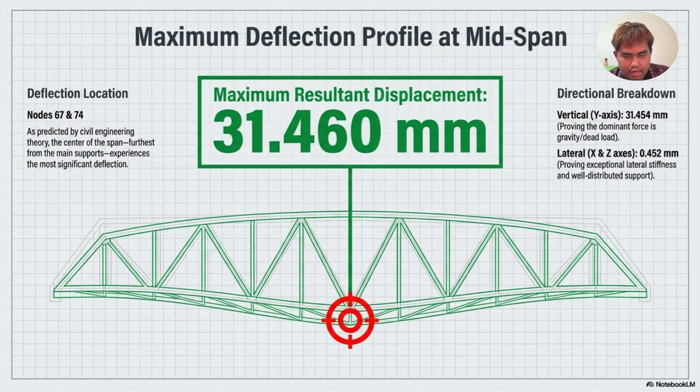And lastly, the directional breakdown: vertically, the y-axis is 31.455 mm, proving the dominant force is gravity and dead load. And lateral, x and z axis, 0.452 mm, proving exceptional lateral stiffness and well distributed support.